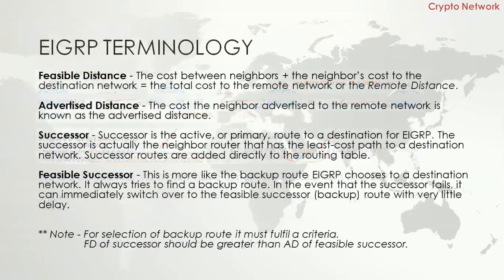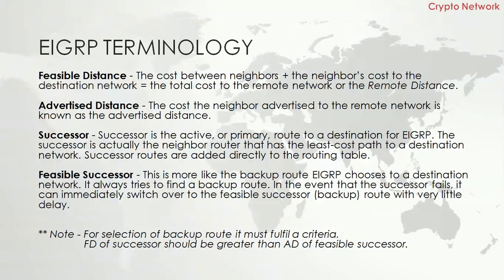Great. So EIGRP terminology. The advertised distance is the metric for an EIGRP neighbor router to reach a particular network. So this is the metric between the next hop neighbor router and the destination network. The feasible distance is the sum of the advertised distance for the particular network learned from an EIGRP neighbor plus the EIGRP metric to reach that neighbor.